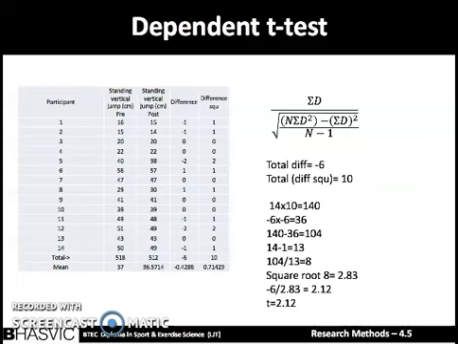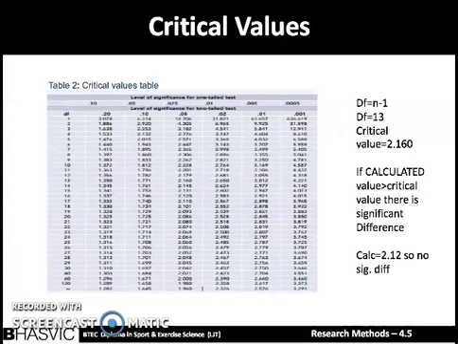So square root of 8 is 2.83. Then you've got that previous total difference that was at the top of the equation, which is -6, and you divide that by the number you just achieved, which is 2.83. So -6 divided by 2.83 results in 2.12. So t equals 2.12. And this is where the critical values table comes into play.